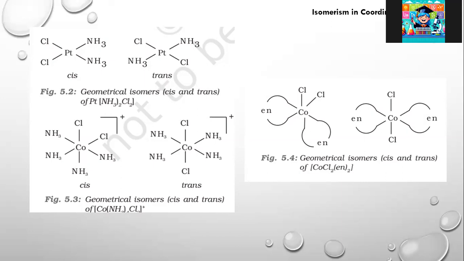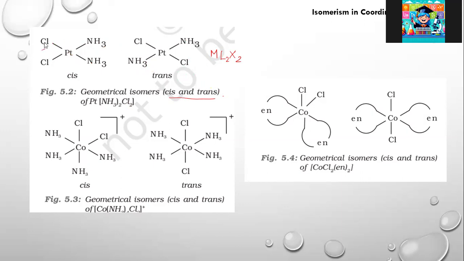For a planar molecule, this type of isomerism is possible, geometrical isomerism known as cis-trans isomerism. For planar coordination compounds like ML2X2 type, these geometrical isomers are possible. Here, around the platinum atom, two types of arrangement are possible.